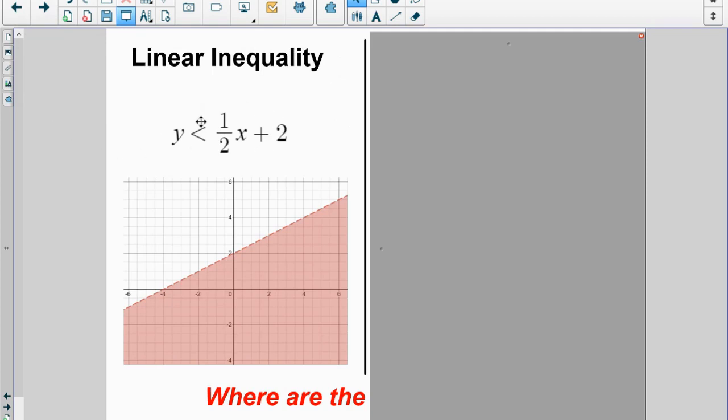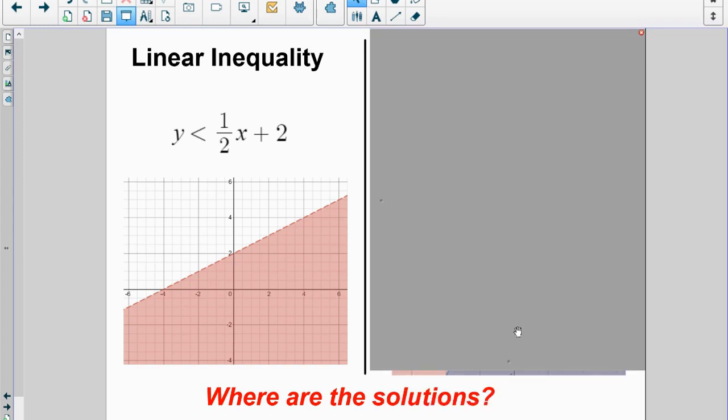First I want to just review, when we graphed linear inequalities last week, like this, y is less than 1/2 x plus 2, we saw that we had a boundary line, and then one side of the boundary line was shaded, and the other side was not shaded. So where are the solutions?